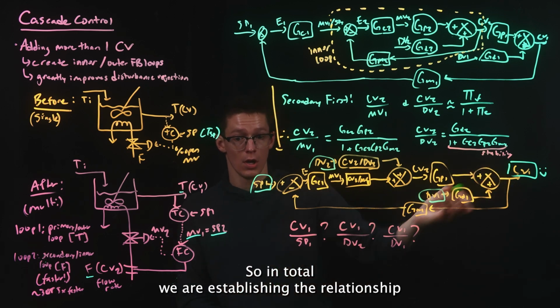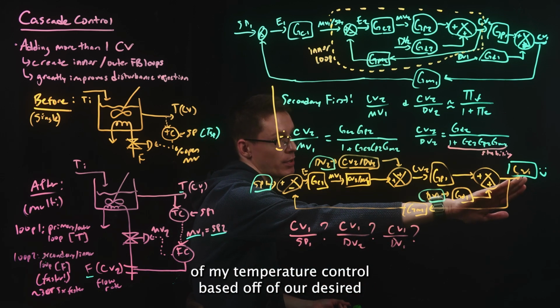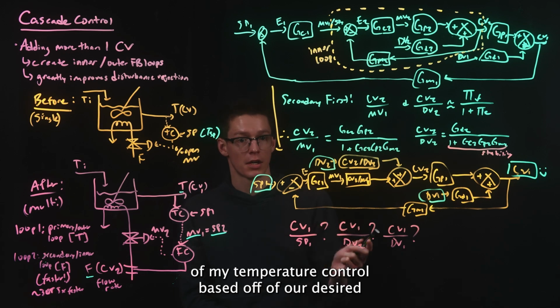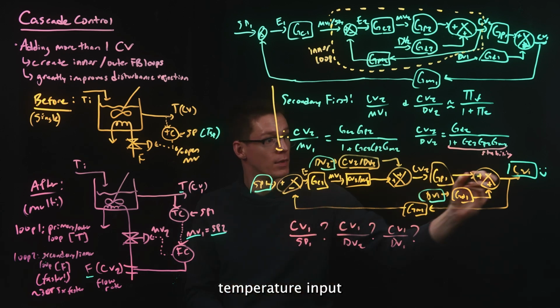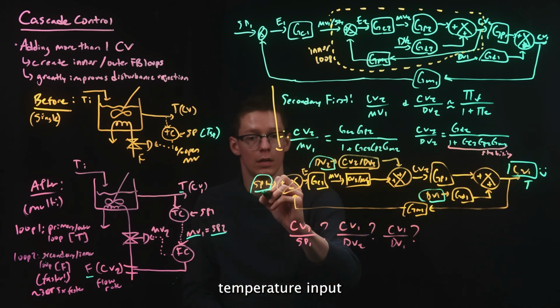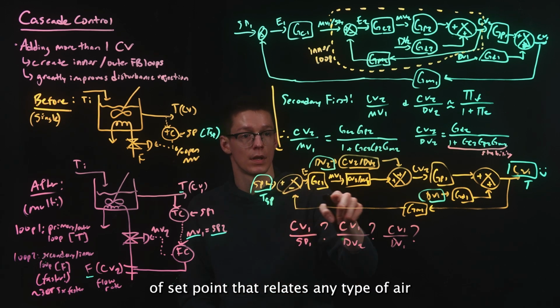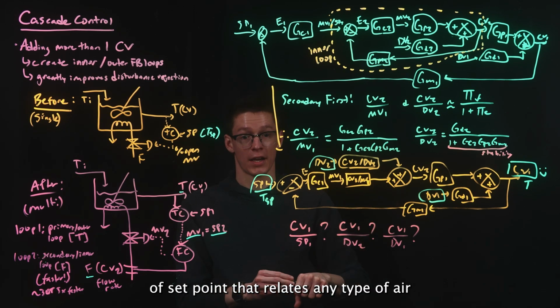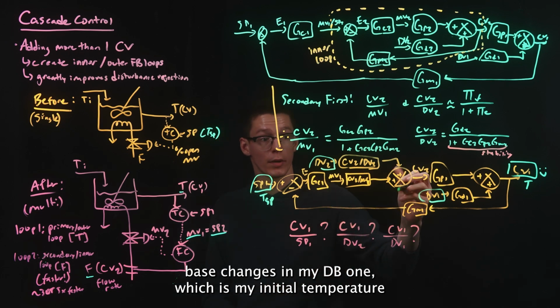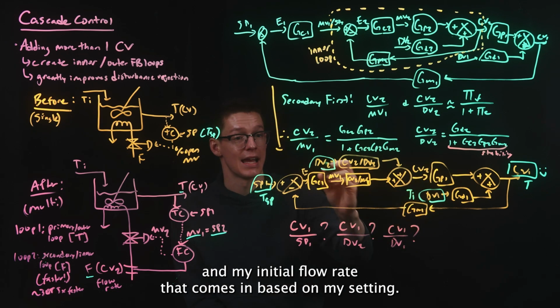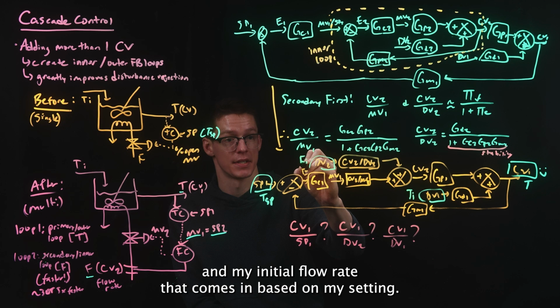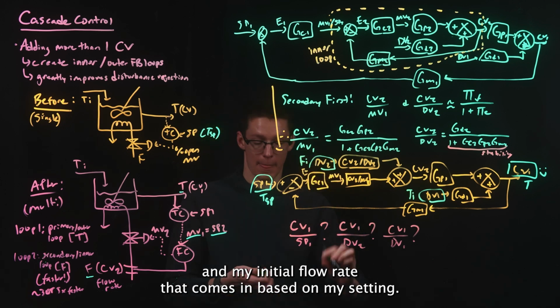So in total, we are establishing the relationship of my temperature control based off of our desired temperature input, the set point, that relates any error-based changes in my DV1, which is my initial temperature, and my initial flow rate that comes in based on my setting.